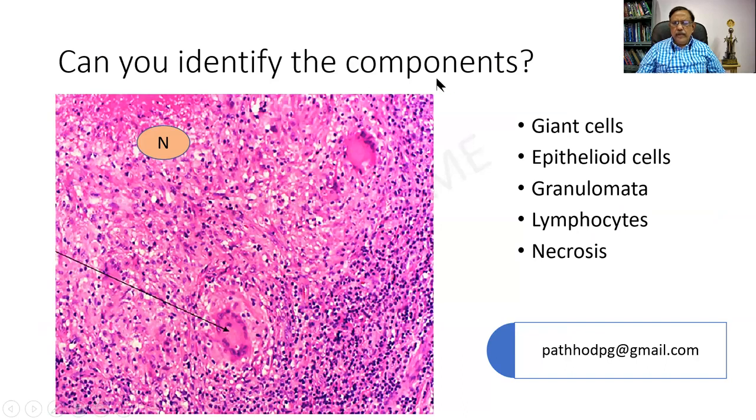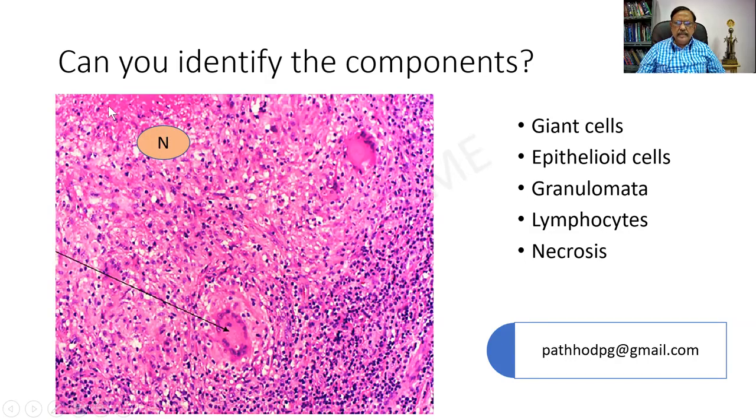I hope you are able to identify the components. So there is a giant cell over here and another giant cell. And remember, all the pale cells are the epithelioid cells and the aggregate is a granuloma.